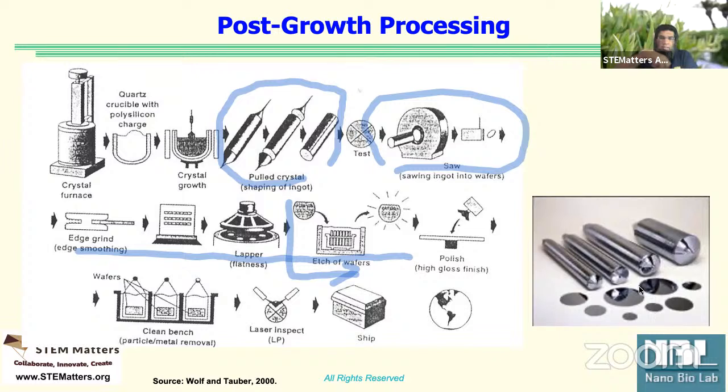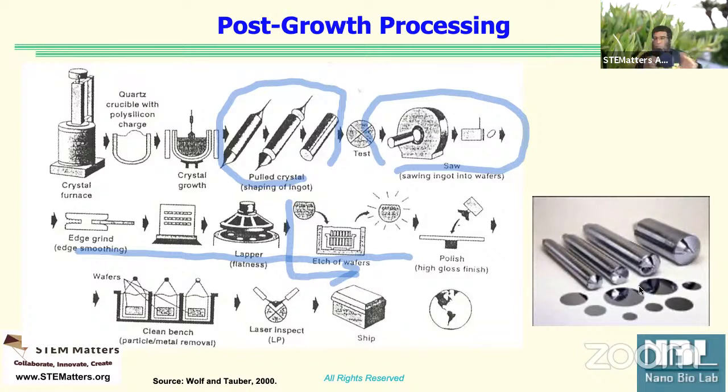That's starting from raw silicon or silicon dioxide to get a silicon wafer. Once you have the silicon wafer, let me show you silicon wafers. I have them here. Just bear with me, I'll show you the wafers. So here are the silicon wafers.